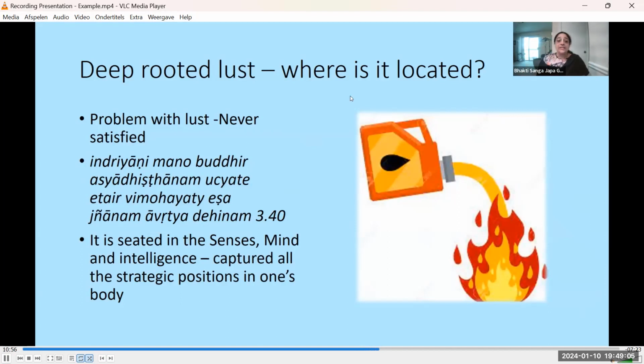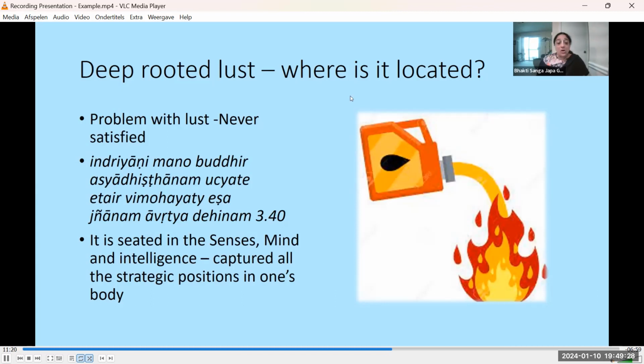Krishna explains, Indriyani mano buddhir adhisthanam ucyate, etair vimohayaty esha jnanam avritya dehinam. He says, this lust, which is very difficult to get rid of, is seated in the senses, mind, and intelligence. Very intelligent.